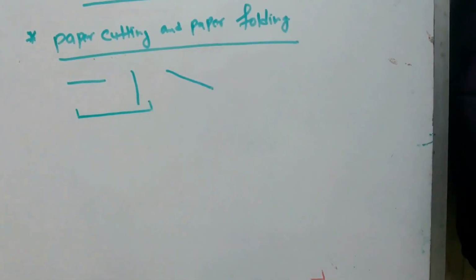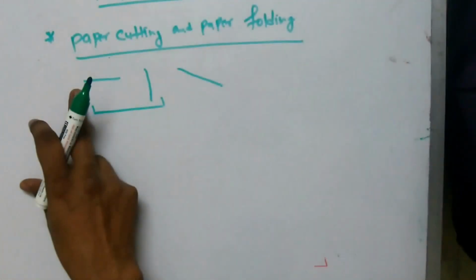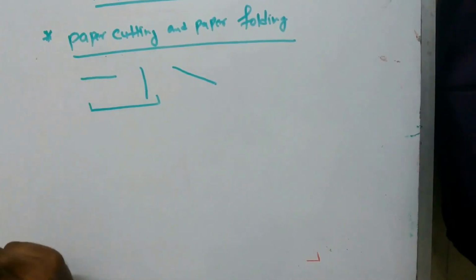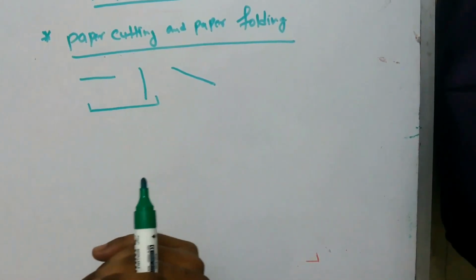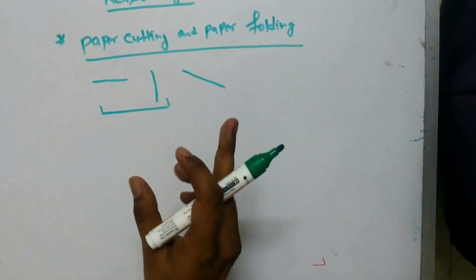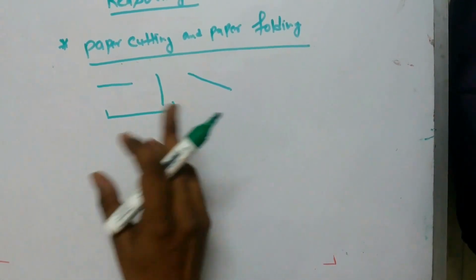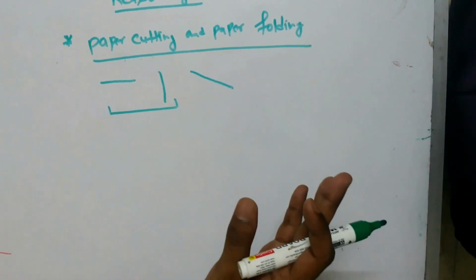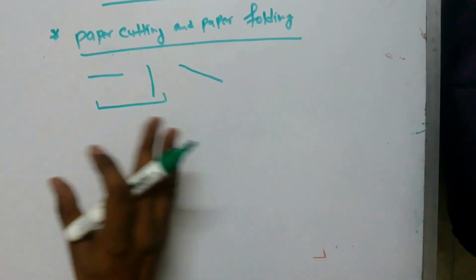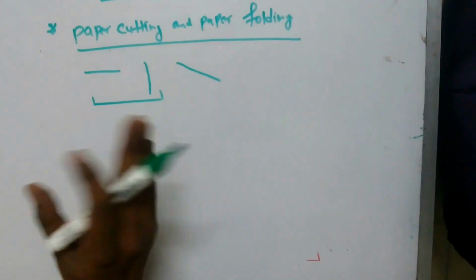Generally the questions come on these two types of folding, horizontal and vertical. I am not saying that no questions will come on diagonal folding, but most of the questions come on these two types.